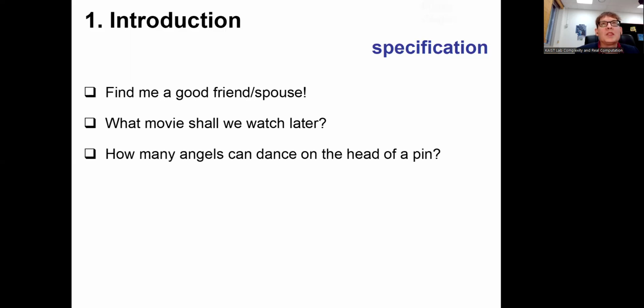Here's another, more subtle non-example of a specification. How many angels can dance on the head of a pin? That's a famous or infamous musing in philosophy. There's no clear answer to that problem. How many prime number twins are there? That's a famous problem in number theory.